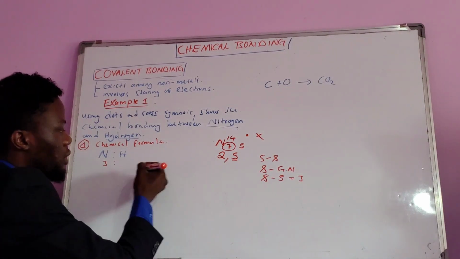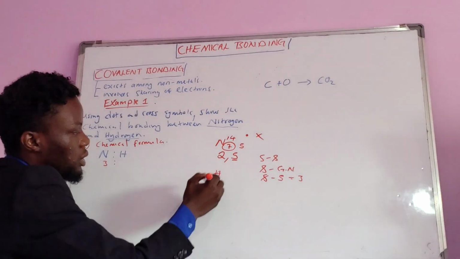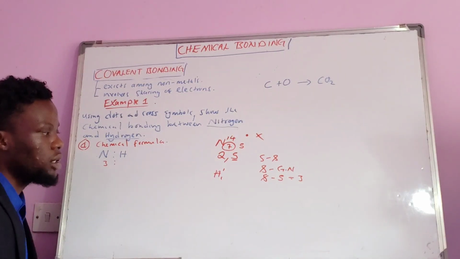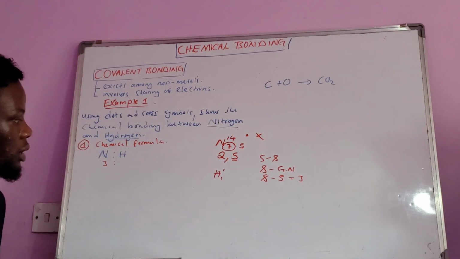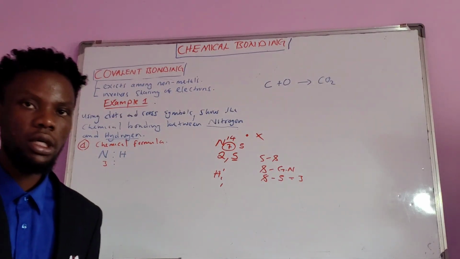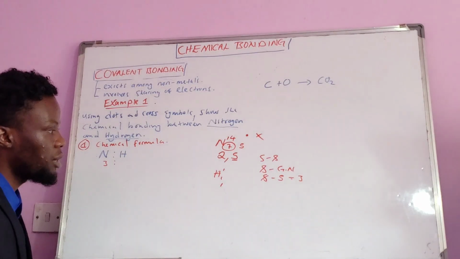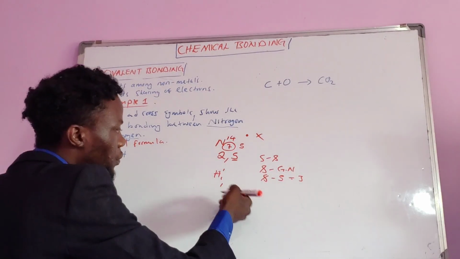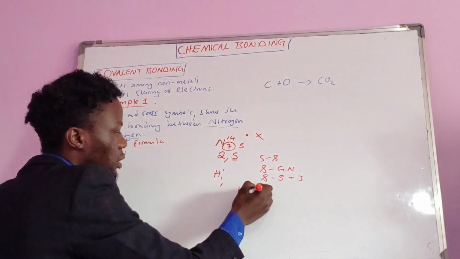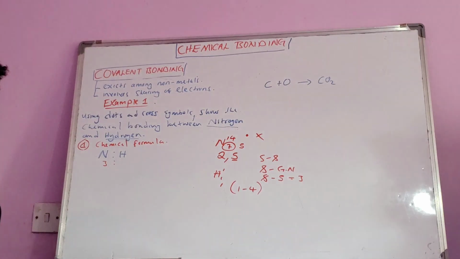Now, since we're done with nitrogen, let's go to hydrogen. Hydrogen on the periodic table has the mass number of 1 and the atomic number of 1. It has 1 electron in its outermost shell, meaning that it is in group 1. Remember the rule for the valence electrons: from group 1 to group 4, the group number is the valence number.